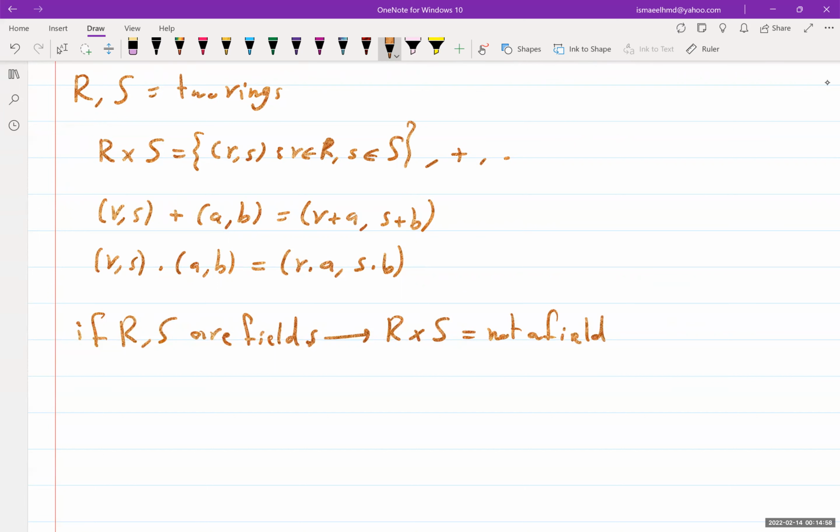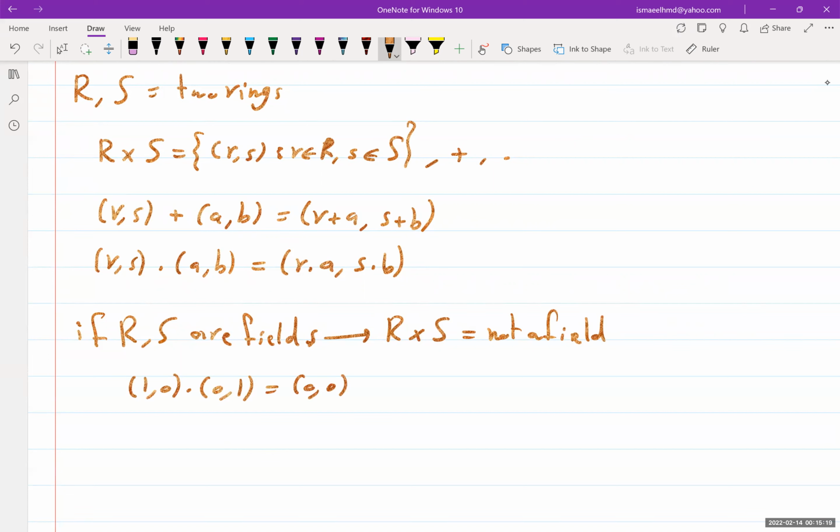Because we have (1, 0) multiplied by (0, 1), which is 0.